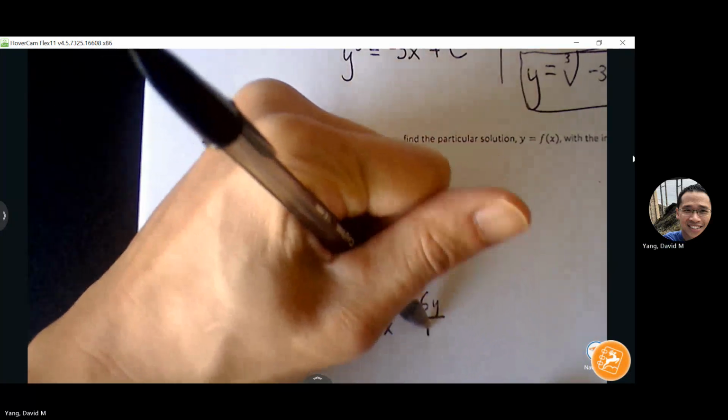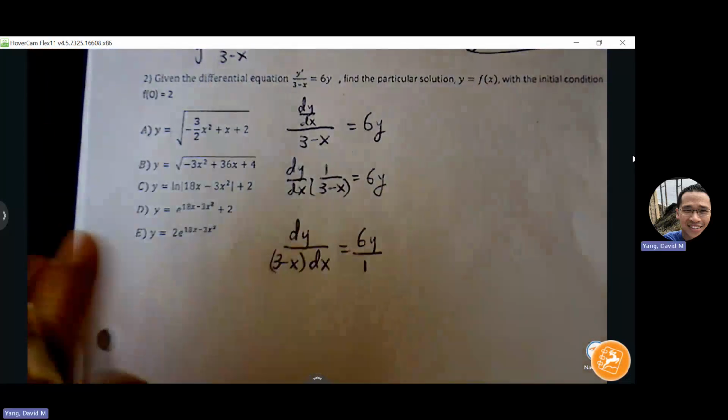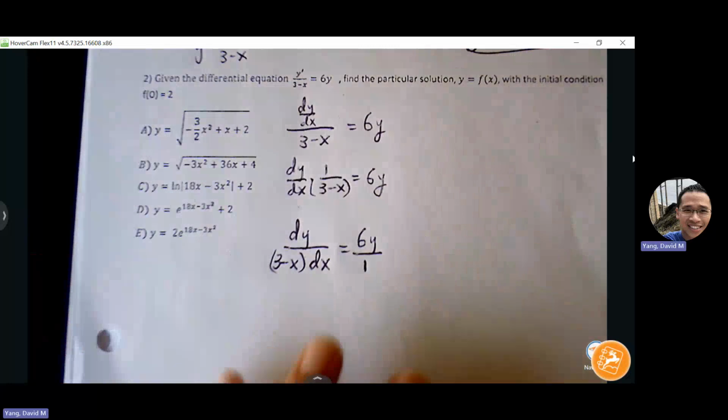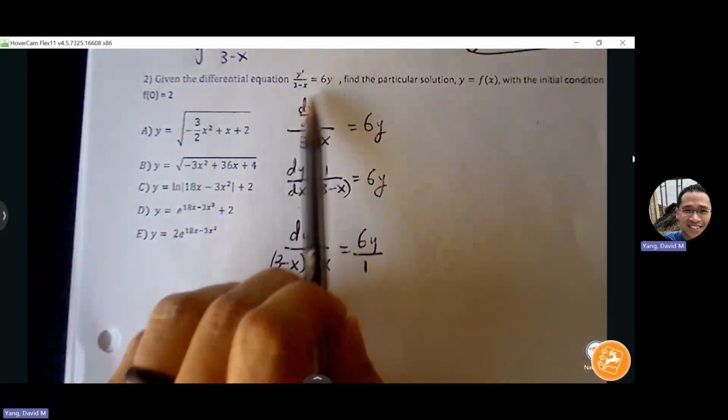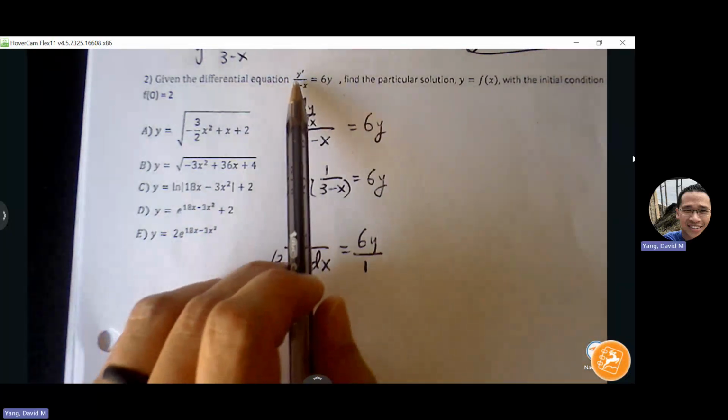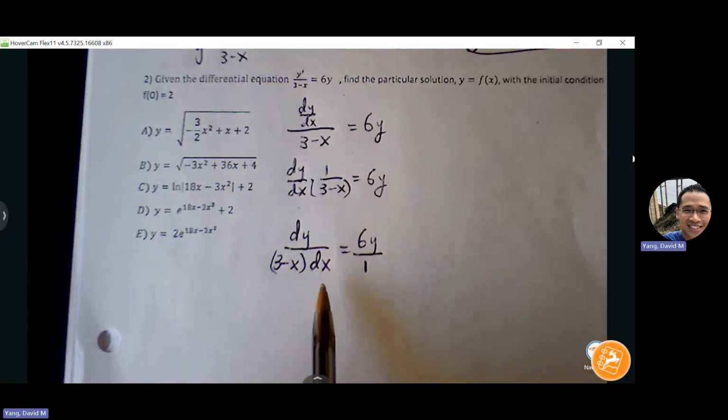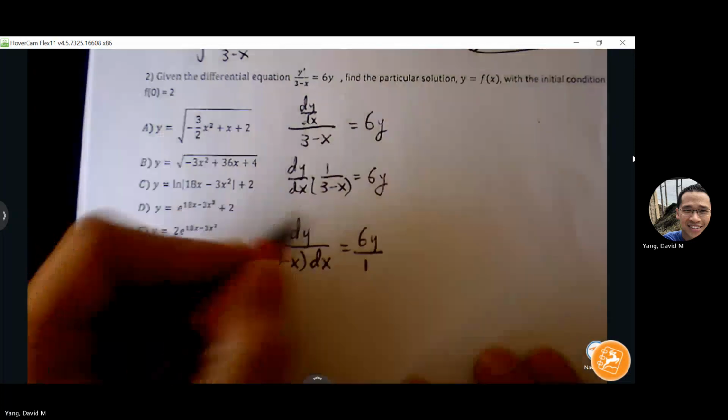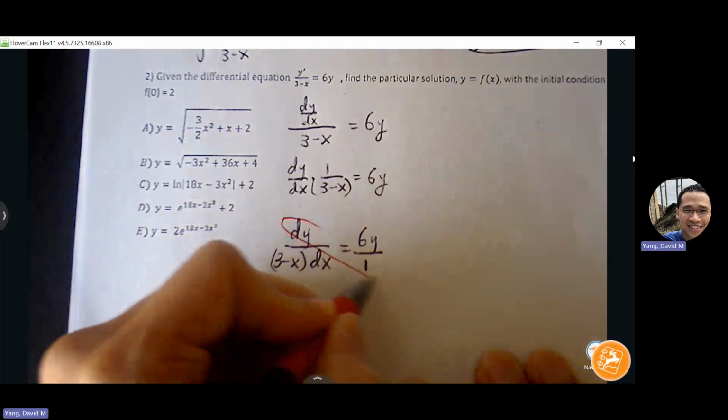Yeah, there's multiple ways, but just make sure that we end up in the same spot. You can cross multiply first and then change that y prime to dy dx. But I'm going to cross multiply at this stage here.